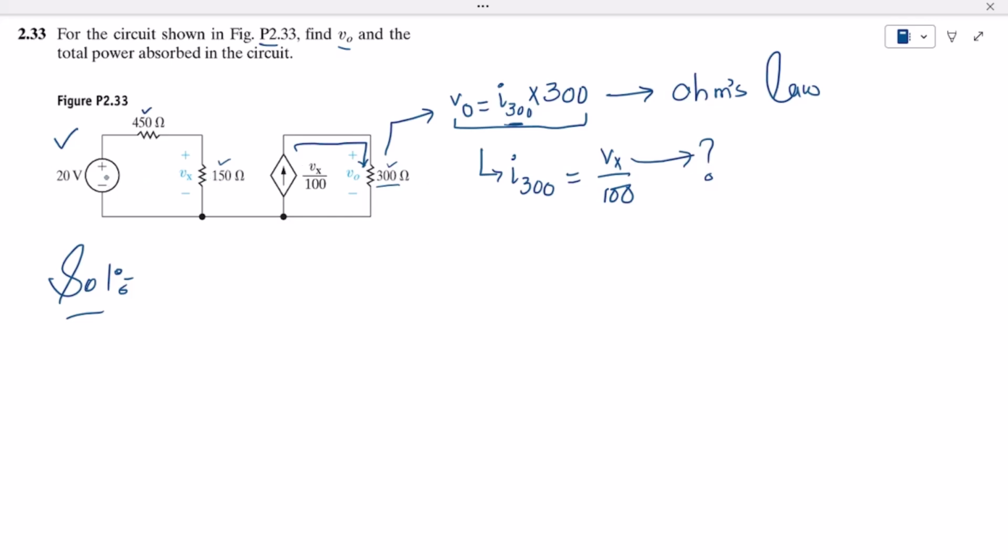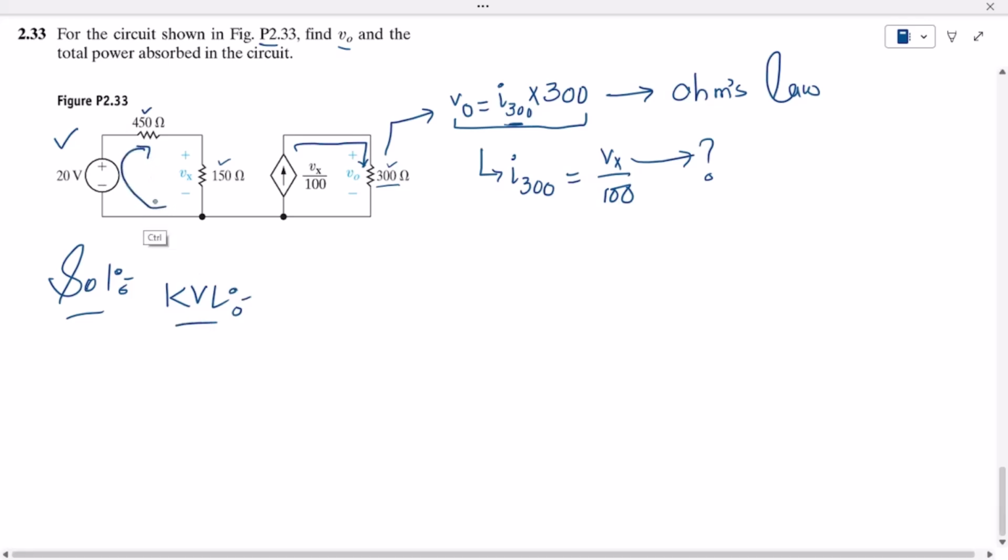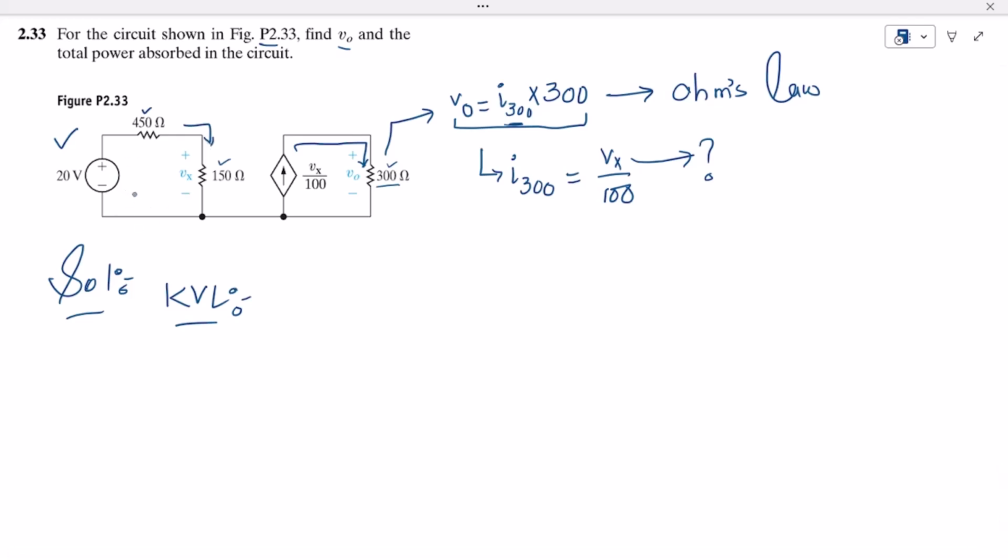So let us first consider this loop, and applying the KVL here, let me consider this current, which I described earlier on, and let me call it I naught.